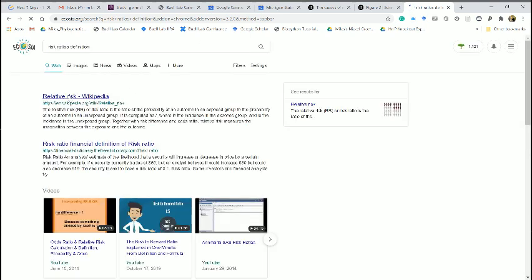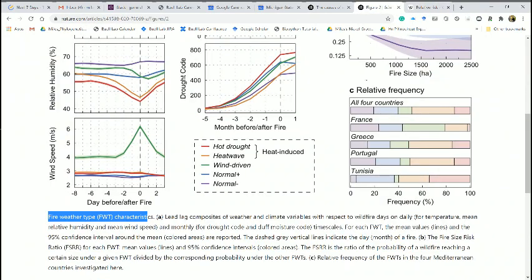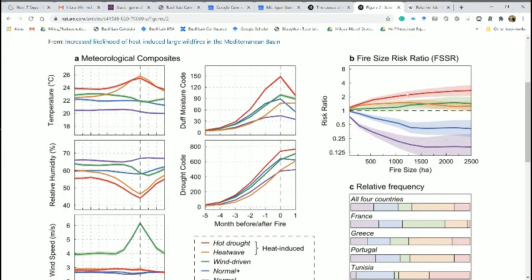Sure, there's a Wikipedia on it. Yeah, here we go. Relative risk. I hear about this a lot in medical studies. The ratio of the probability of an outcome in an exposed group to the probability of an outcome in the unexposed group. So I guess in this case, you take the probability of a wildfire reaching a certain size in heat-induced fires relative to some other group.